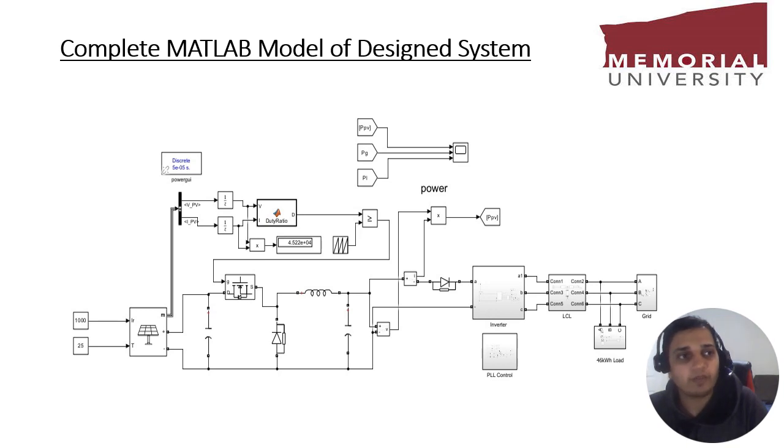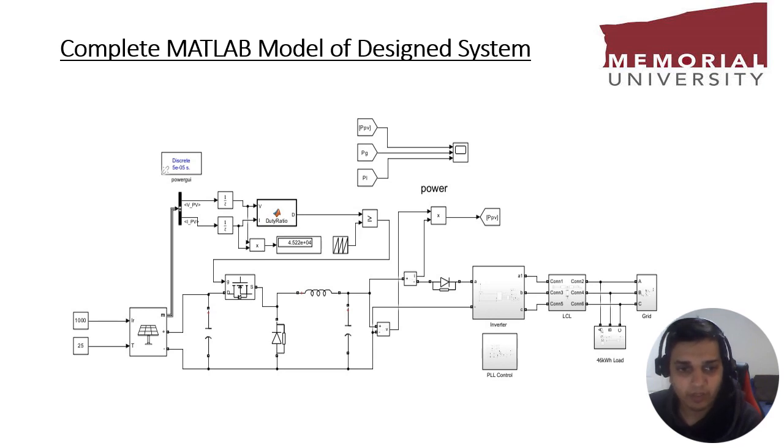In this slide we can see the MATLAB simulation of the system we have designed. For the solar panel we have considered 25 degrees Celsius for the temperature and 1000 watts per meter squared for the solar irradiance.